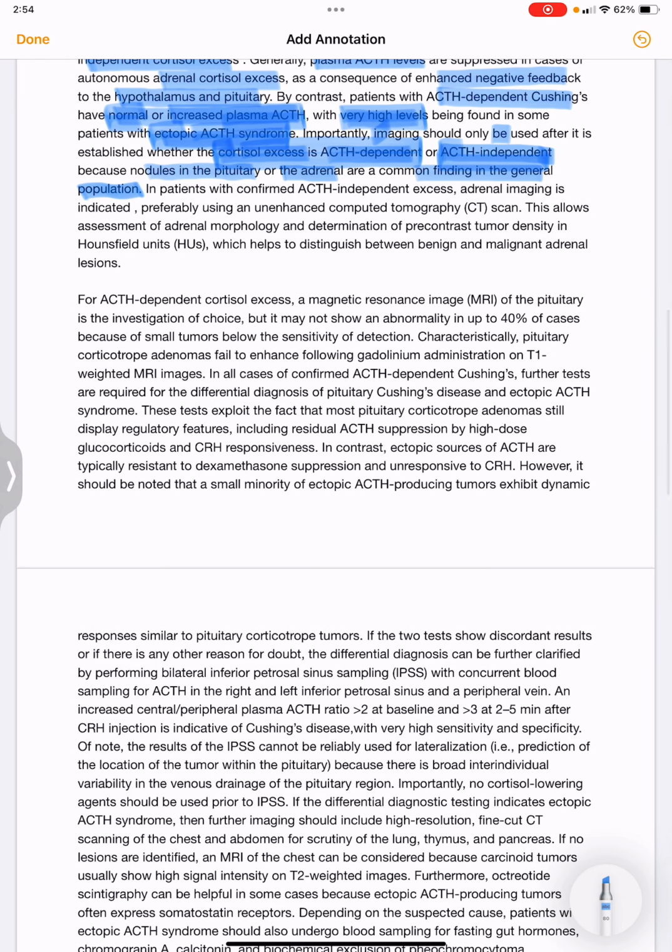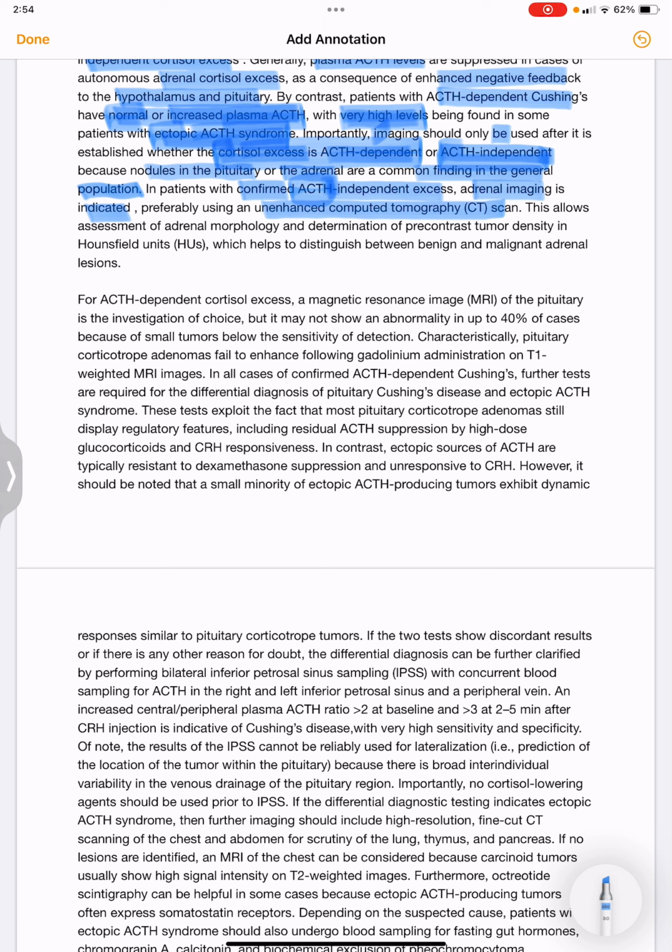In patients with confirmed ACTH independent excess, that is, no excess ACTH is produced, in those cases only, adrenal imaging is indicated. This adrenal imaging is an unenhanced CT scan.